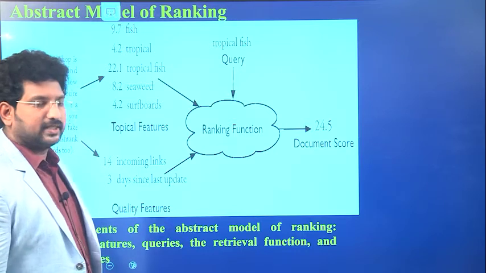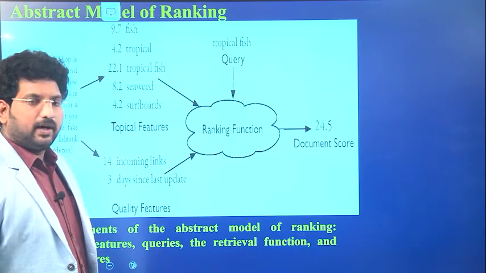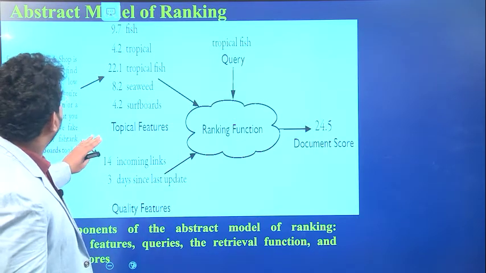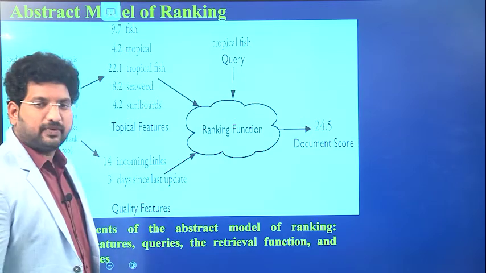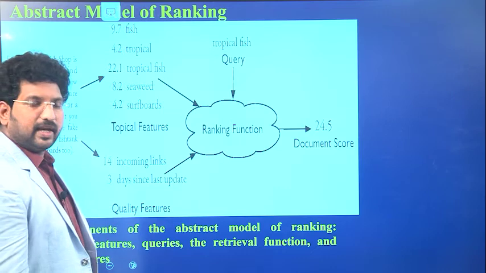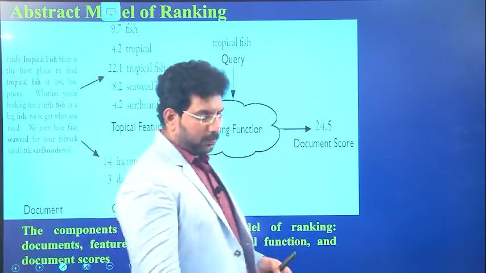Previously we just discussed what the abstract model of ranking is and what it enables. If you observe here, this is one of the examples for the abstract model of ranking. As part of this diagram, we are able to find some of the components of this model. The components are as follows.